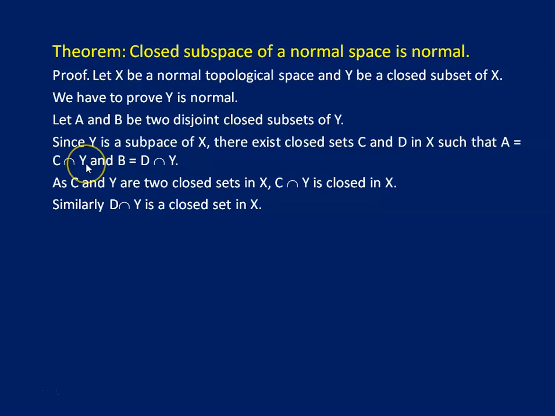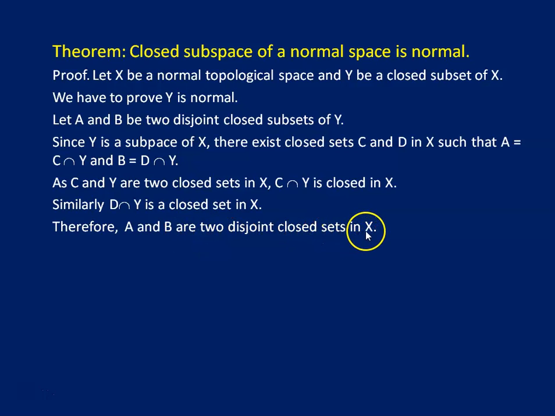So C intersection Y is closed in X. Similarly, D intersection Y is also closed in X because Y is closed in X and D is a closed subset of X. Therefore, A and B are two disjoint closed sets in X. Here we have seen that C intersection Y is closed in X, D intersection Y is closed in X, and C intersection Y is our A, D intersection Y is our B. So A and B are two disjoint closed sets in X.